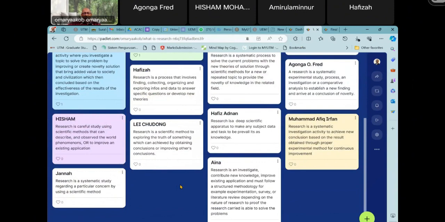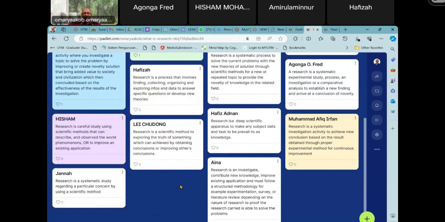Doctor, I can explain my definition. Simply, research. What I mean by research is like doing literature review. In other words, research is to be able to do literature. So if you have a problem, you have to be able to do literature review about the problem, or to improve an existing application.